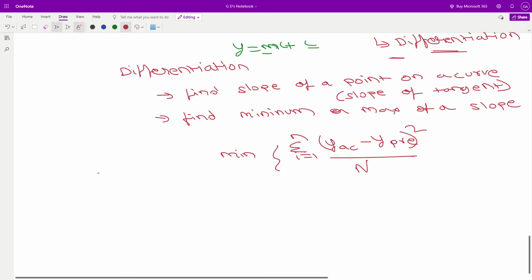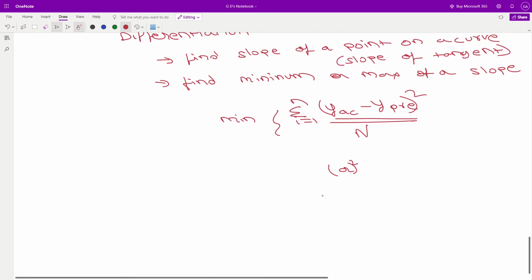If we just look at this equation, it looks like an x square equation. If I forget about this 1 by n, it looks like an x square equation. Let's assume the entire thing is a square. And we know from the last video that an x square graph will be something like this, a parabolic shape.